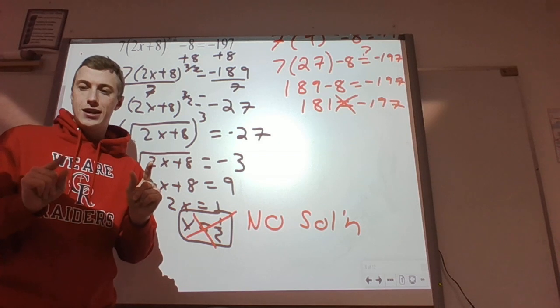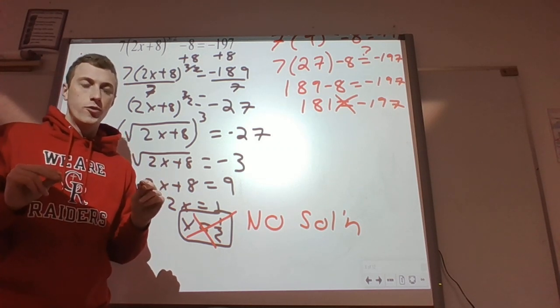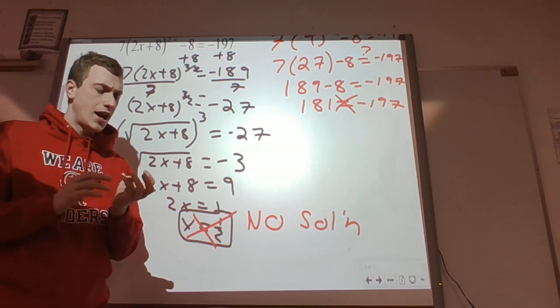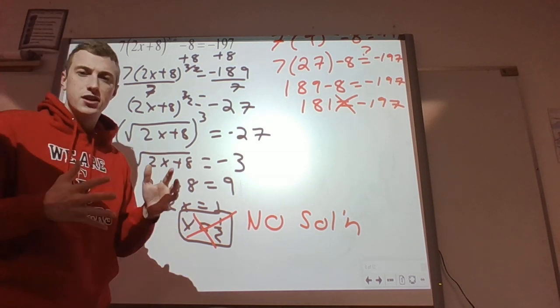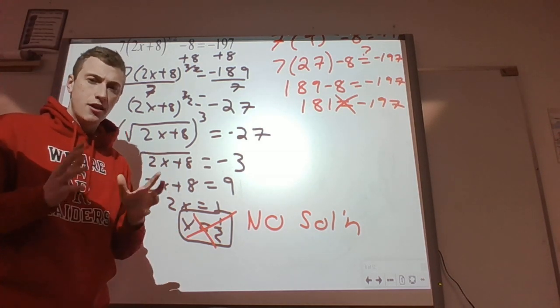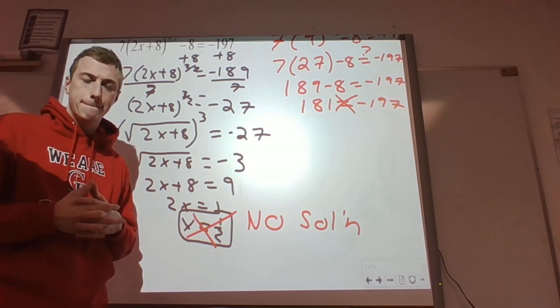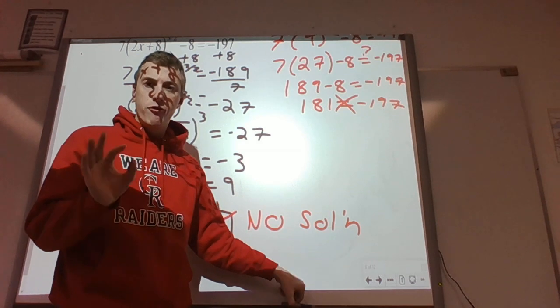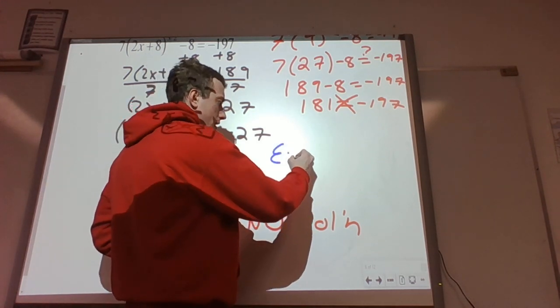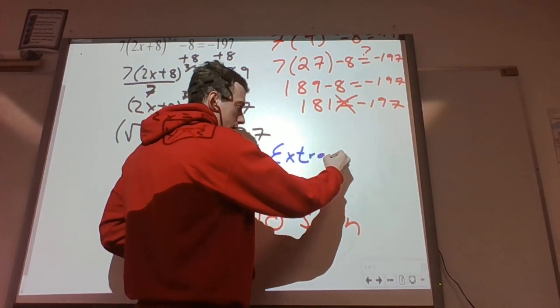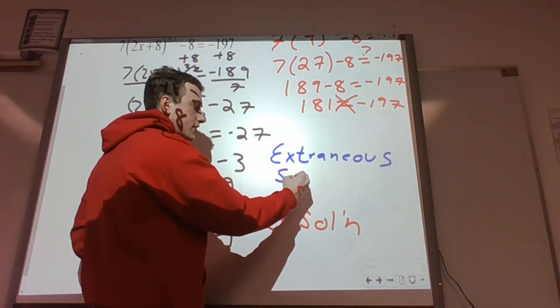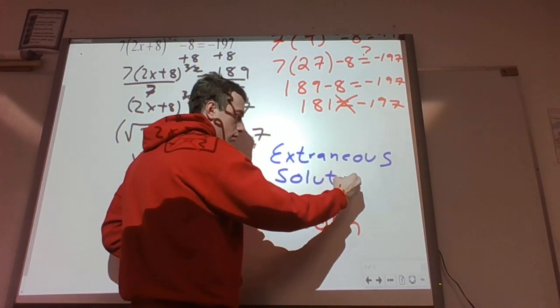So this is the first example of why we need to check our solutions. Because sometimes, because of the method that we use to solve these problems, things can go awry. The name for a solution like this is called an extraneous solution.